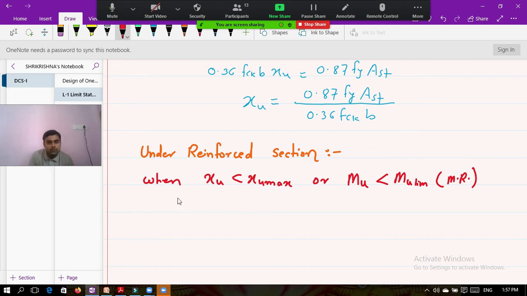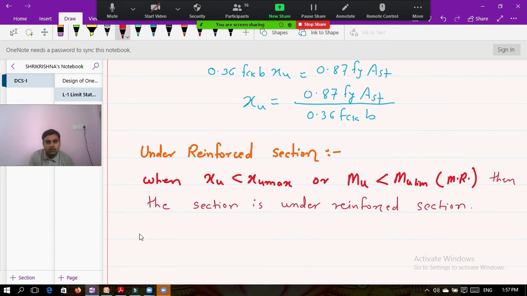Okay, so here I can write then the section is under reinforced section.